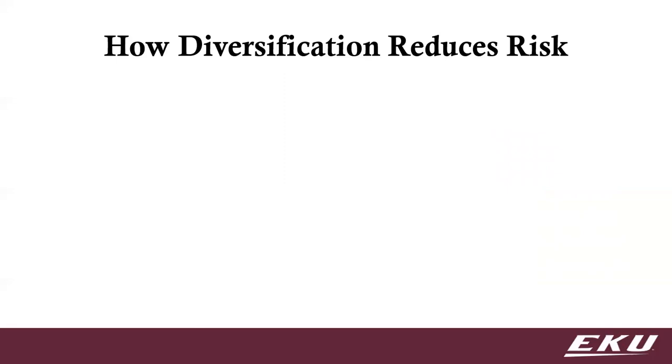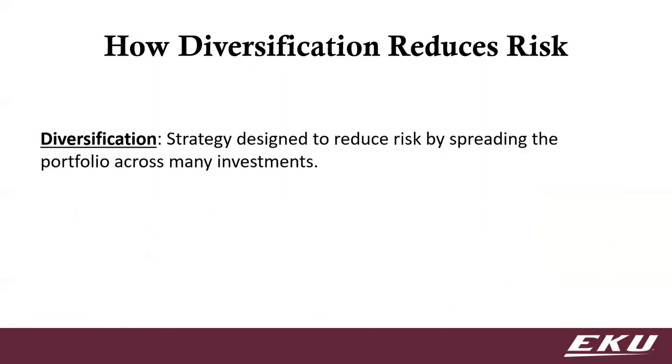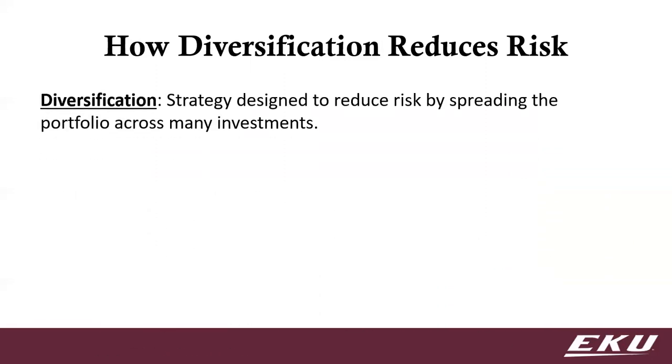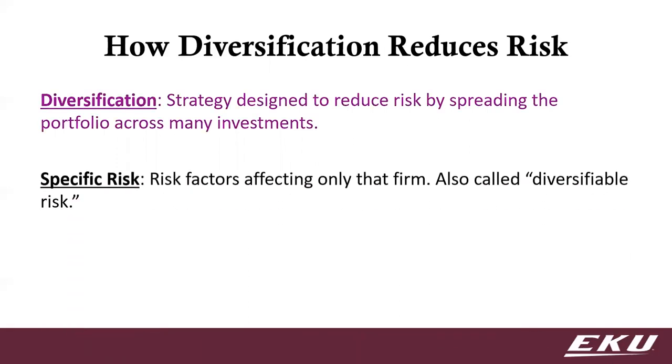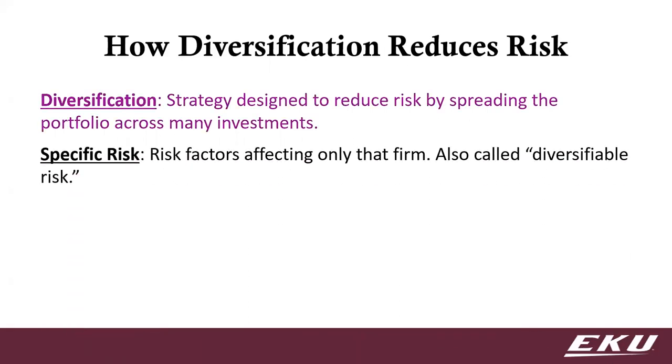Okay, so how does diversification reduce risk? Knowing that we're going to measure risk as this standard deviation, what does it do? With diversification, we take the money and split it among a lot of various investments that hopefully are not perfectly related to each other. We're going to talk about specific risk, which is what they use in the text.